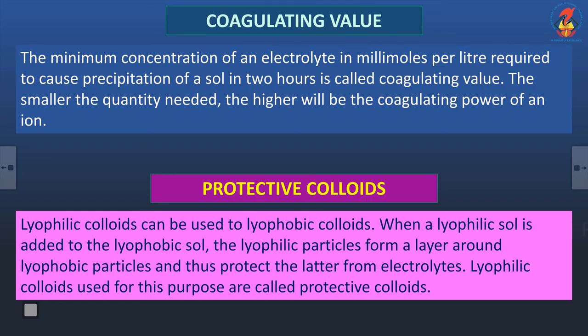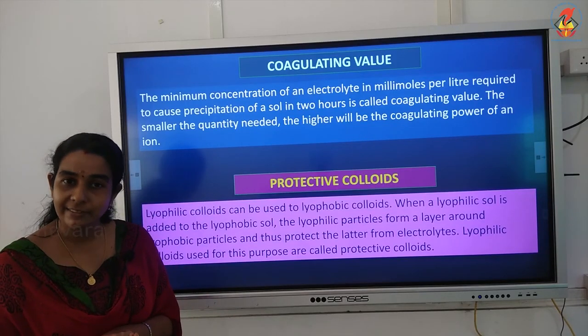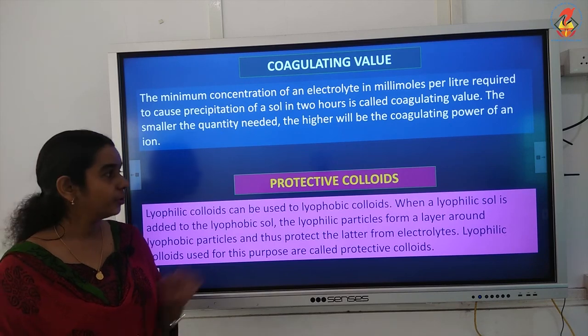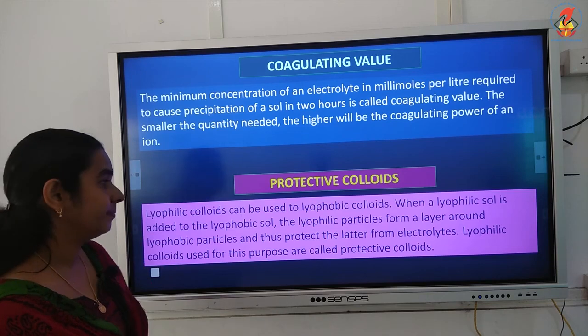The reason is that lyophilic colloids can be used to protect lyophobic colloids, because lyophobic colloids don't have a protective layer of solvent, as they are solvent hating. When we add a lyophilic colloid to a lyophobic colloid, the lyophilic colloid forms a protective layer around the lyophobic colloid. That is why they are known as protective colloids.